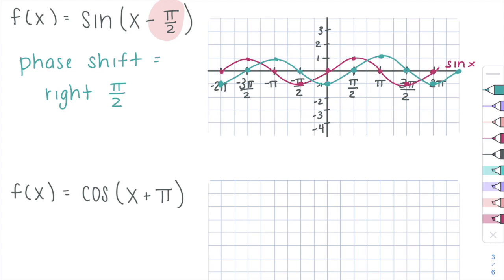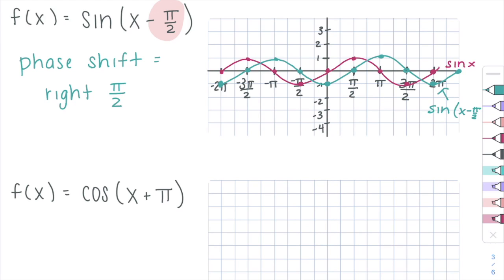So now the blue one is our sine of x minus pi over 2. That's our shifted graph. So when we're shifting these graphs, we're just moving them left or right. We're calling it a phase shift though because we're taking each piece of the graph, each phase of the graph that's oscillating back and forth, and we're shifting it over.